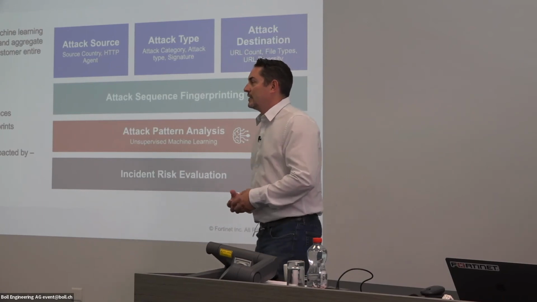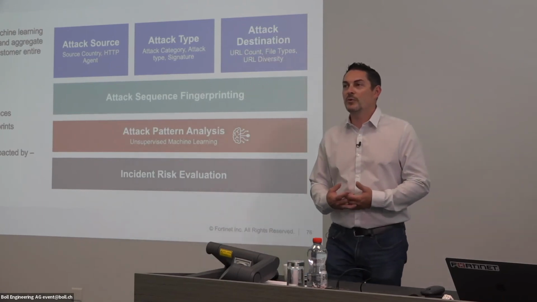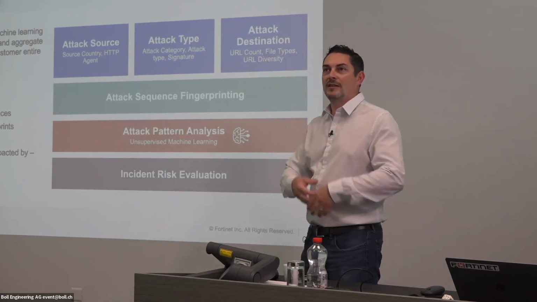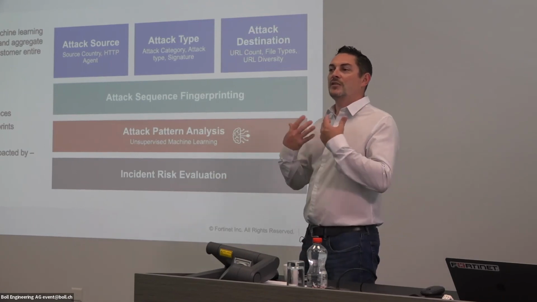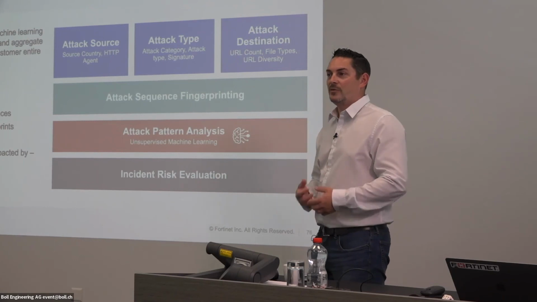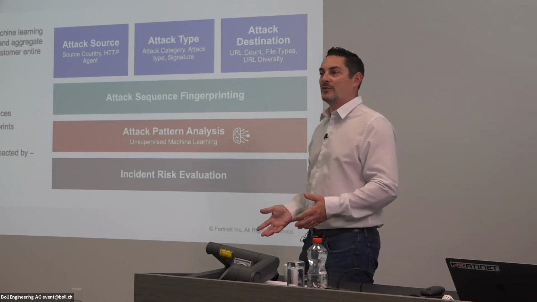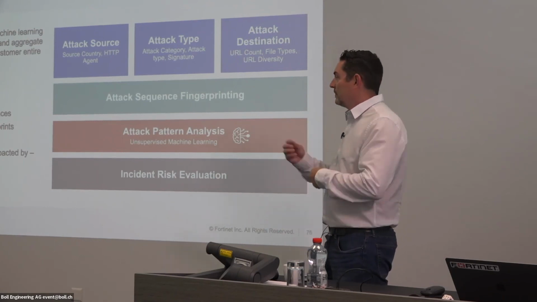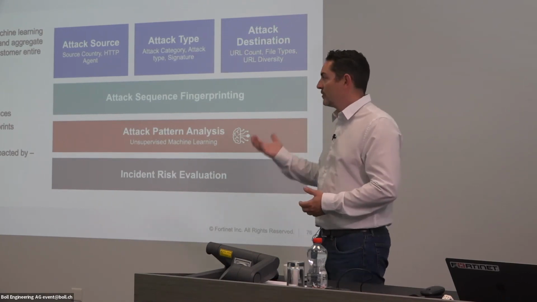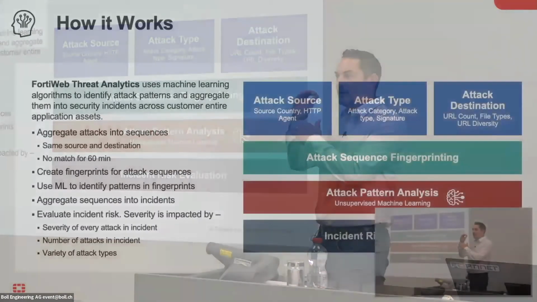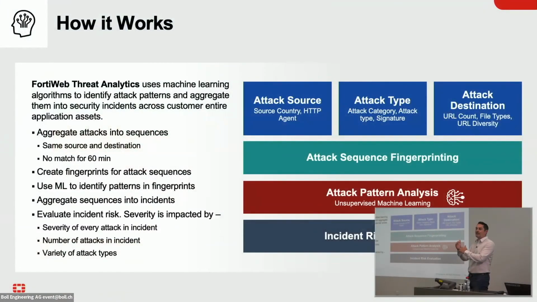Let's take the example of you have a specific business in whatever you want, and you have a country which tries to steal your information, and you received a lot of attacks coming from this country. So single incidents may not reveal that you have this kind of attacks, but grouping this, you will maybe have a high security risk incident saying that this specific country tried to attack you in this way.